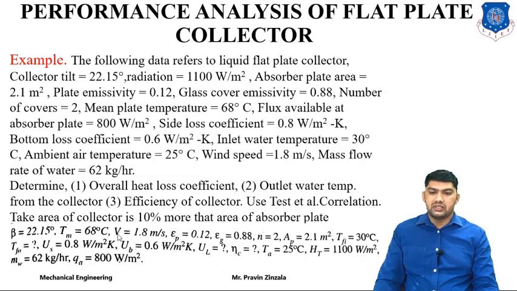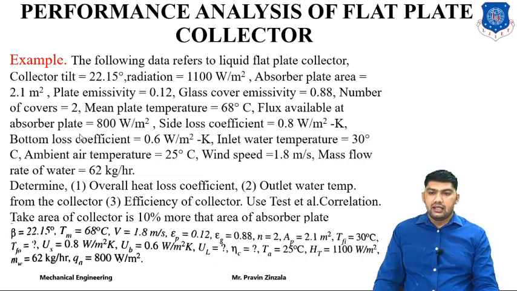Here you can also specify V is equal to 1.8 meter per second. Emissivity of plate 0.12, emissivity of glass cover is 0.88, number of covers N is equal to 2. Mean plate temperature is 68 degree centigrade.